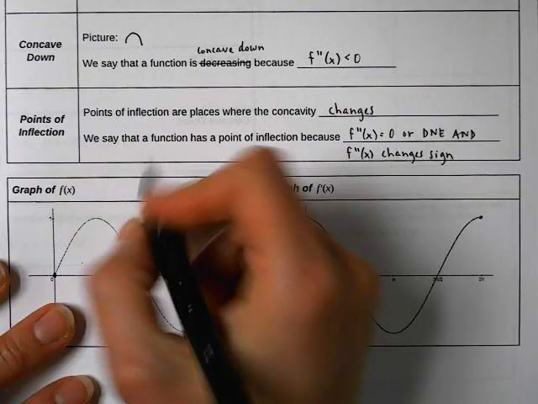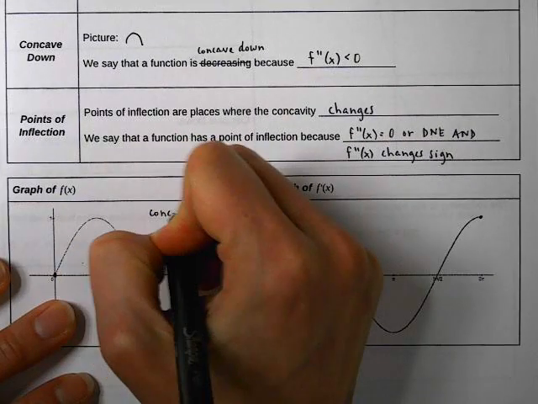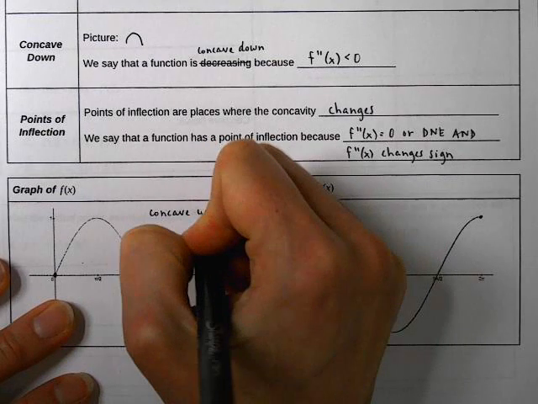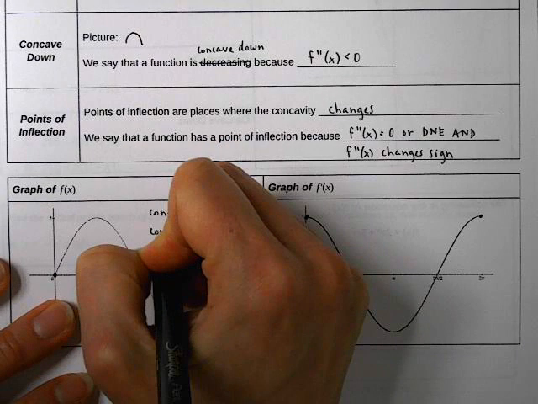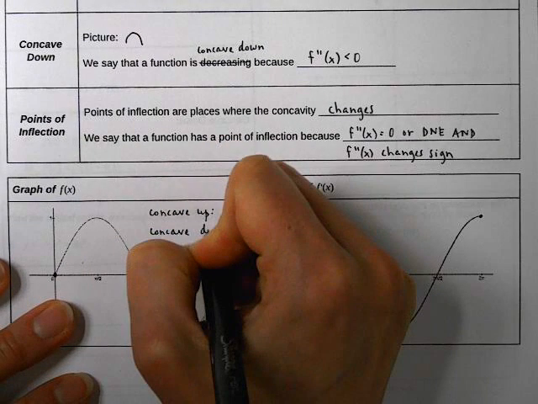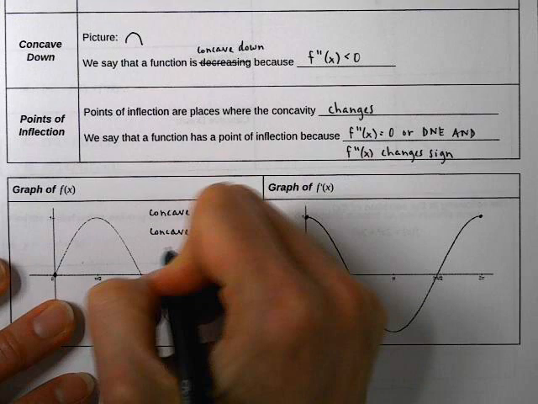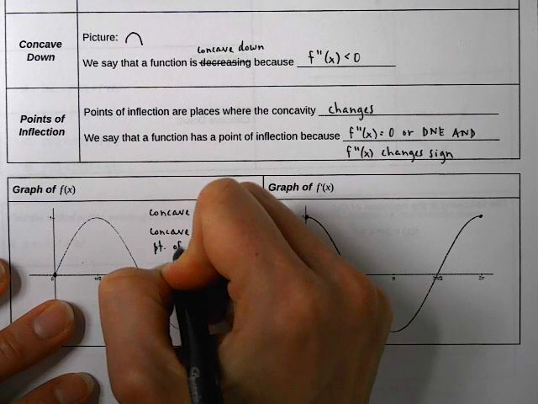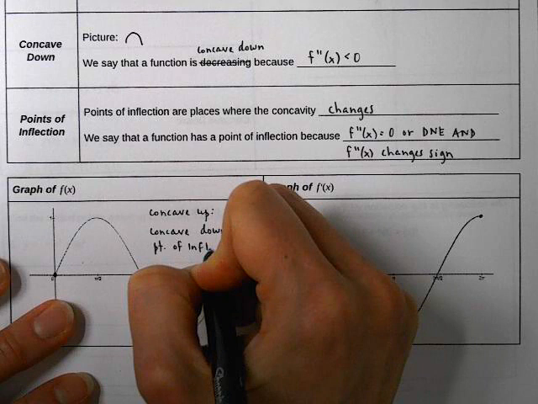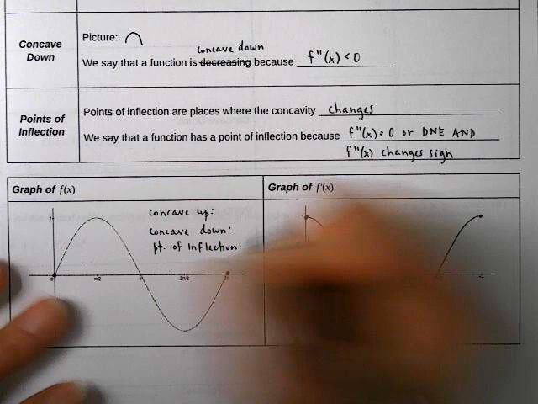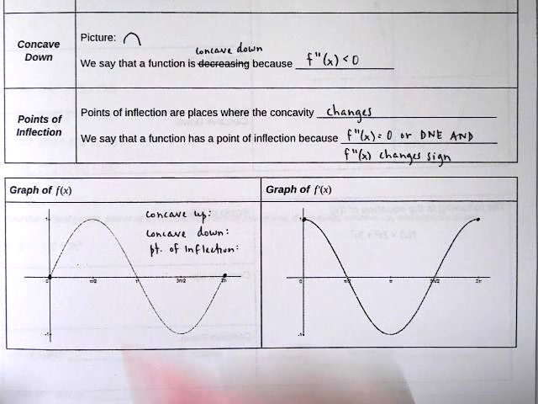So again, we're talking about three things here. We have concave up, concave down, and then points of inflection. So let's look at concave up.